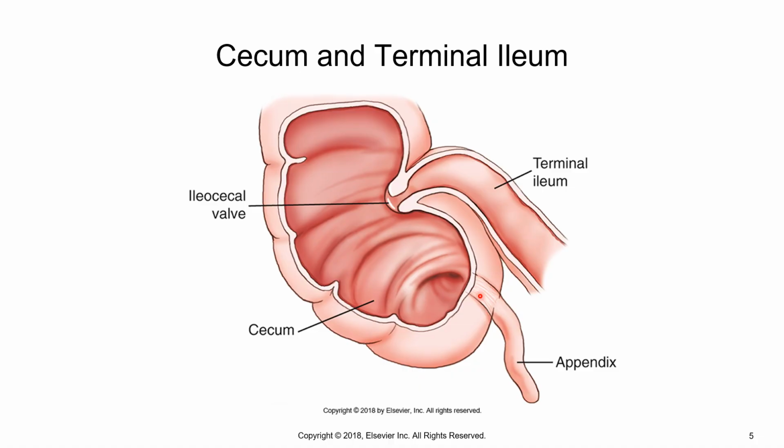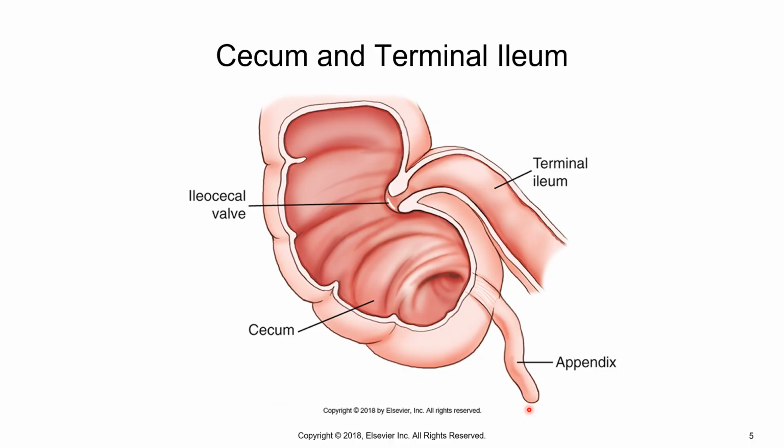Vermiform means worm-like. Typically the appendix is anywhere from about half an inch to about 8 or 9 inches long.